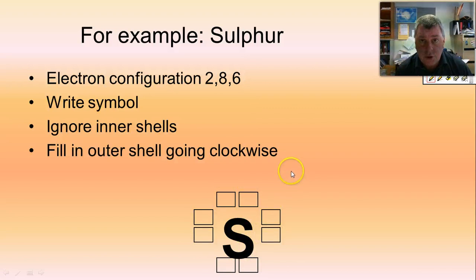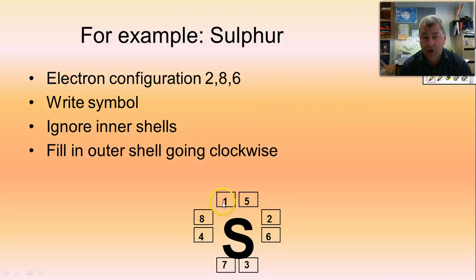But where do you put the dots? Well, typically you would follow this order: 1, then the next one there, then the next one there, 4, then 5, and so you fill in going clockwise. You can go anti-clockwise if you want to be an individual. Doesn't really matter that much. And that way, if you follow this technique, you'll be able to identify how many single electrons there are and how many bonds the atom needs in terms of covalent bonds.